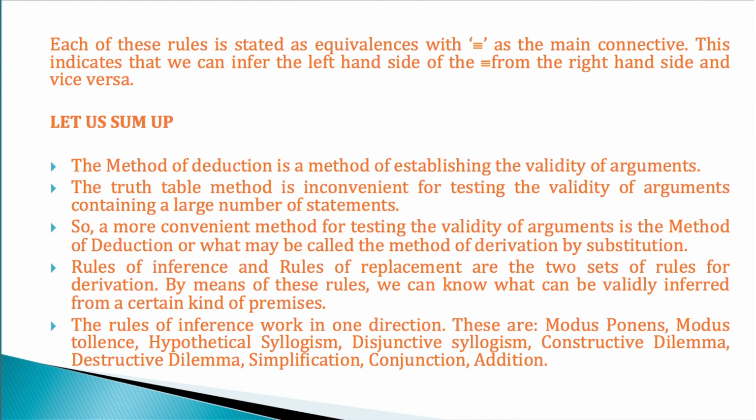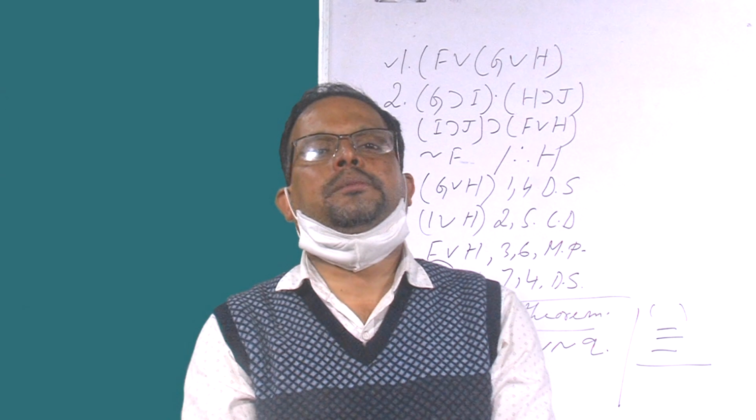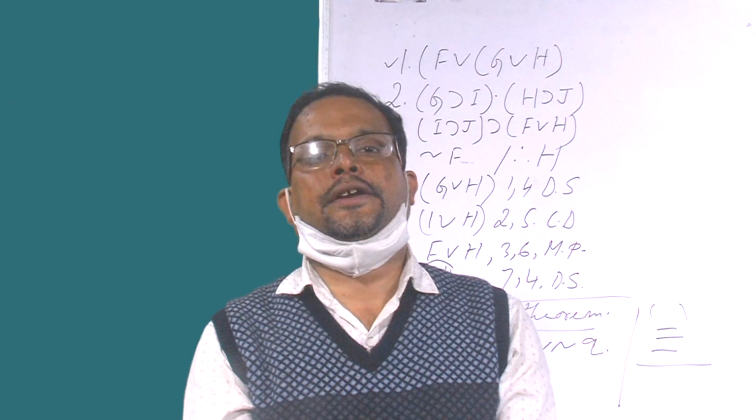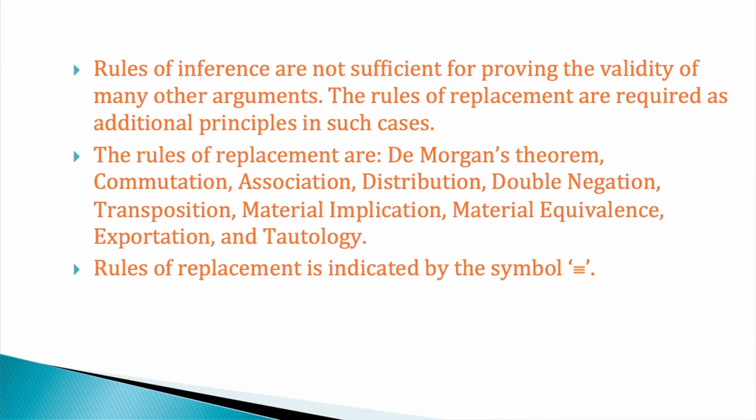Dear learners, rules of inference work in one direction. These are modus ponens, modus tollens, hypothetical syllogism, disjunctive syllogism, constructive dilemma, destructive dilemma, simplification, conjunction, and addition. Rules of inference are not sufficient for proving the validity of many other arguments. Therefore, rules of replacement are required as additional principles in such cases.